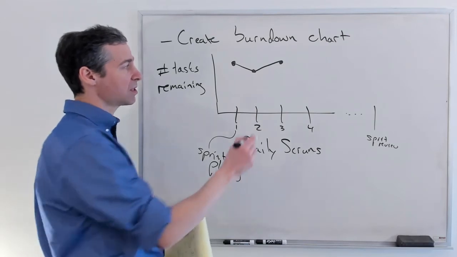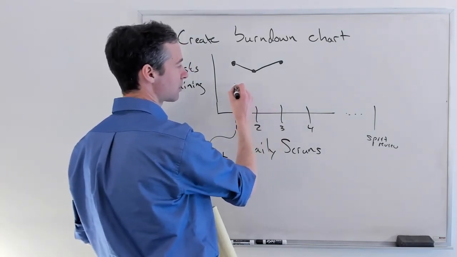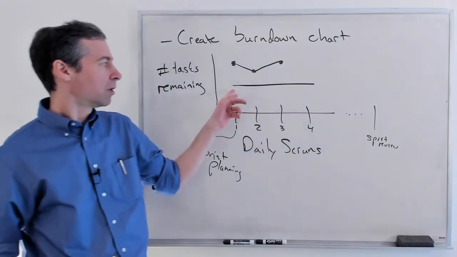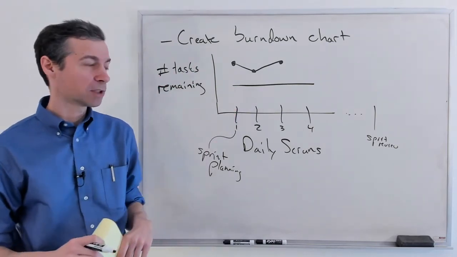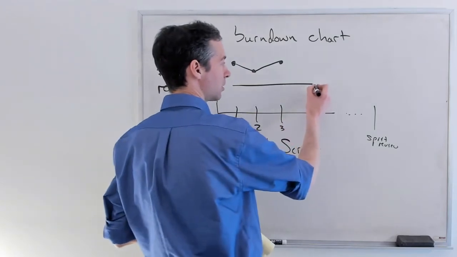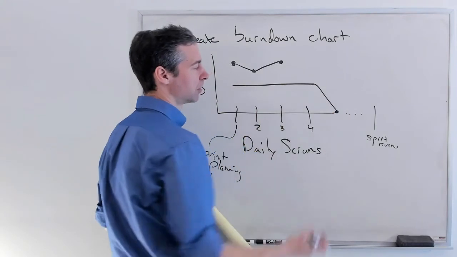So if a team, there's all sorts of reasons a team could be like this. Well, it either means maybe they're not getting any work done, or, imagine it goes like this. So it's flat and then boom.